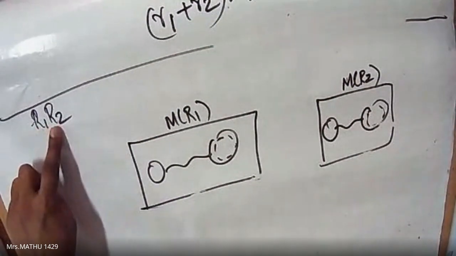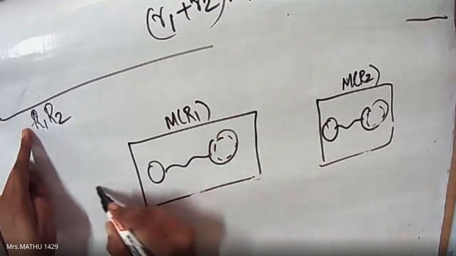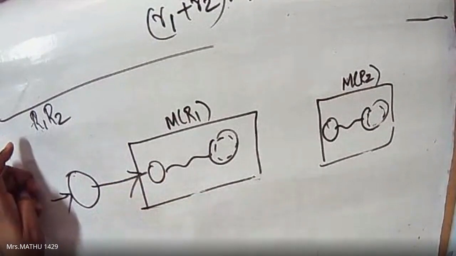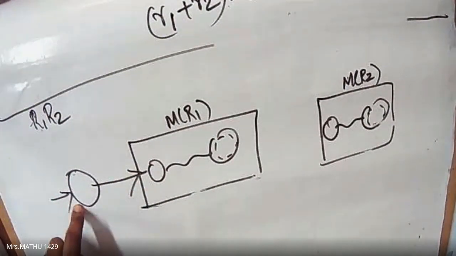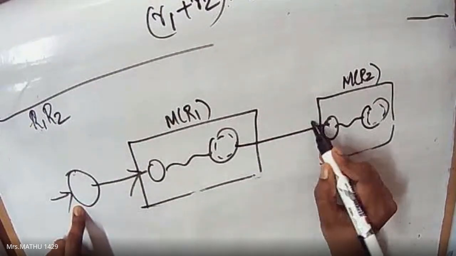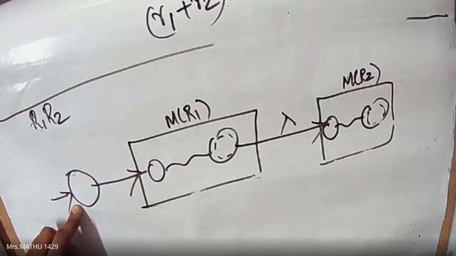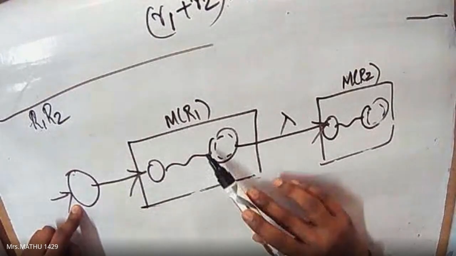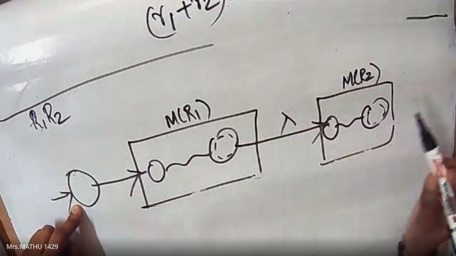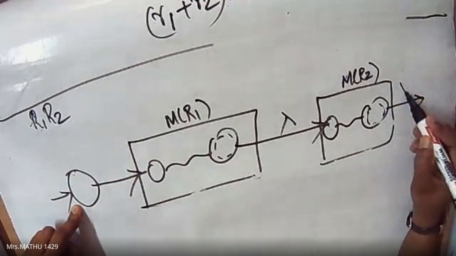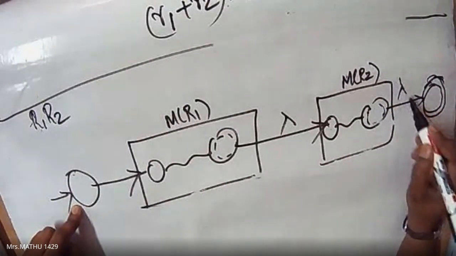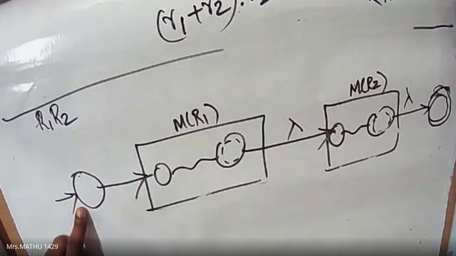Concatenation, R1 into R2. So you can have a common initial state, and these two can be combined together using a lambda transition. The NFA for R1 and the NFA for R2 are combined using a lambda transition, and finally we have a common final state, again connected using a lambda transition.